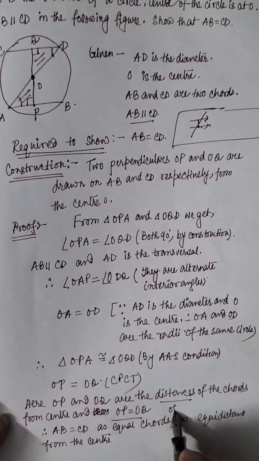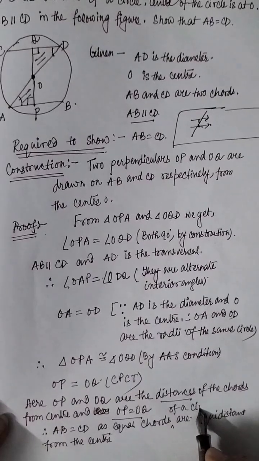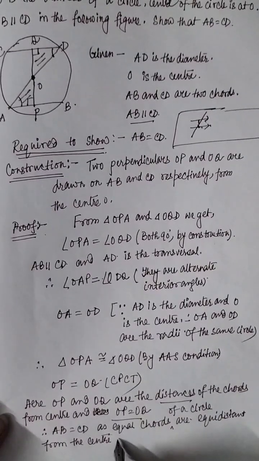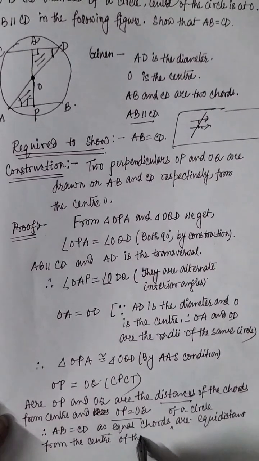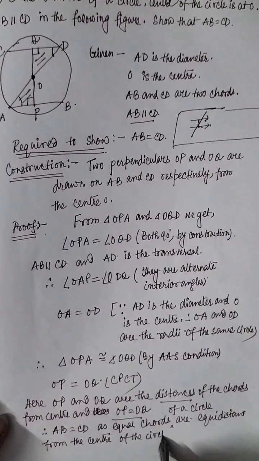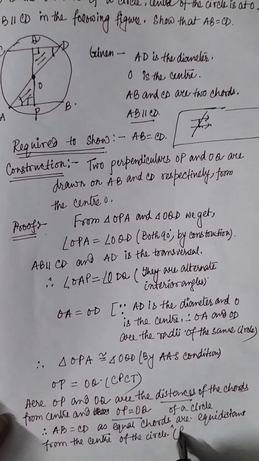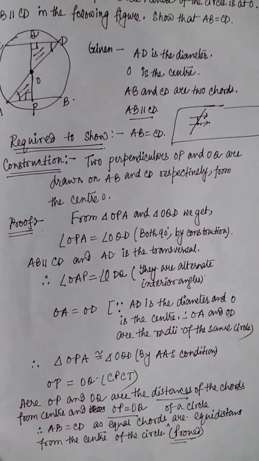Equal chords of a circle are equidistant from the center of the circle, and hence the statement is proved. Hope the explanation is clear to all of you.